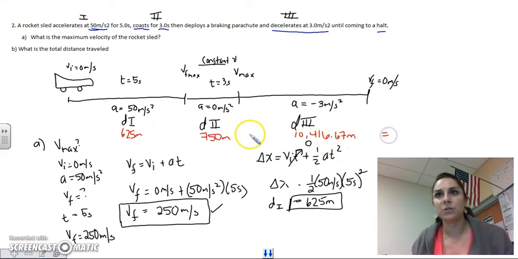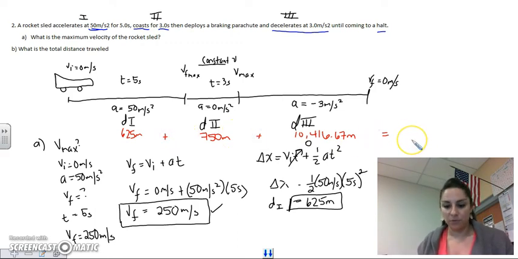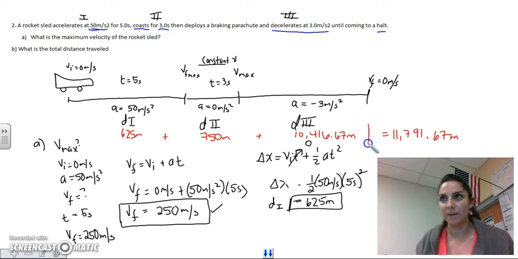So the total distance would be the addition of the 3. I will do that, plus 750 plus 625. The answer is 11,791.67 meters. Ta-da! And that is part B.